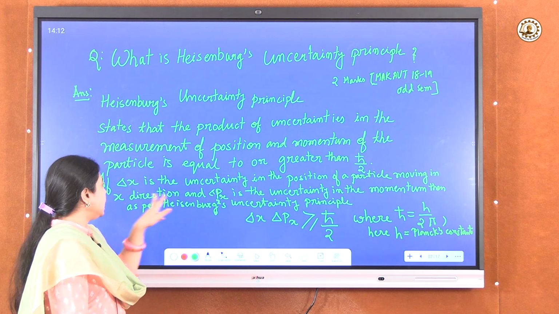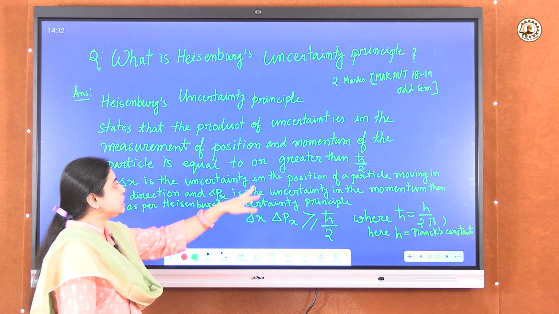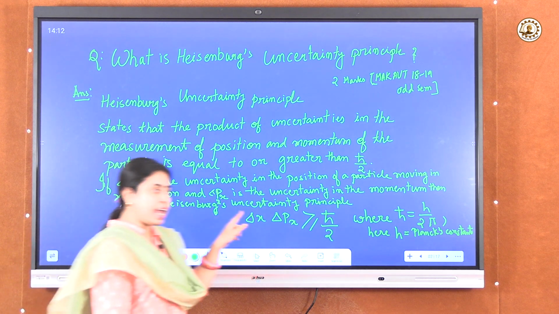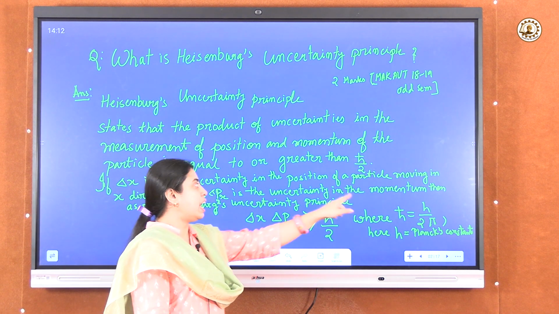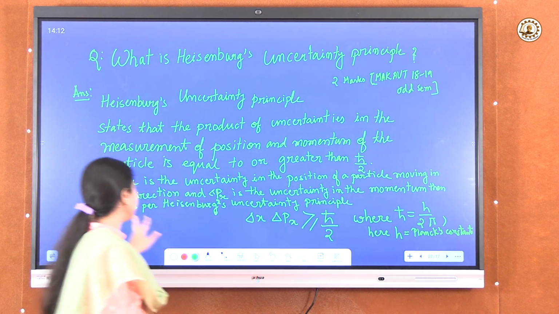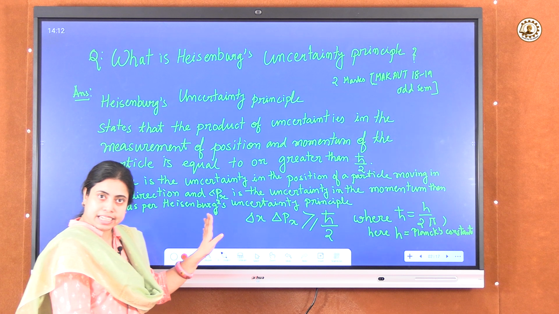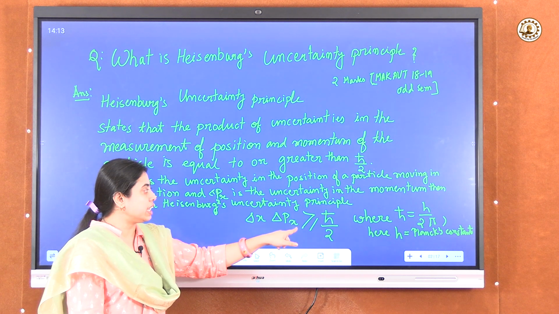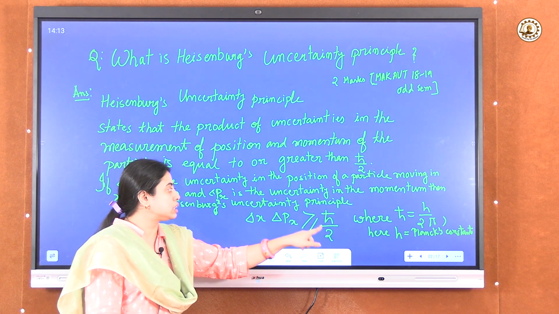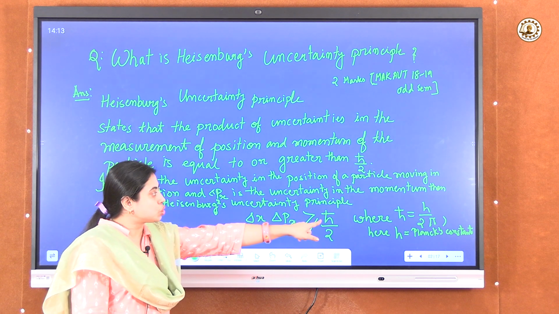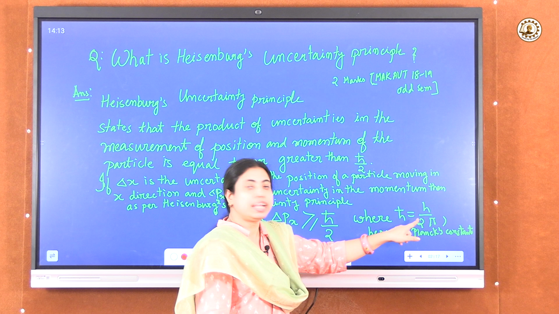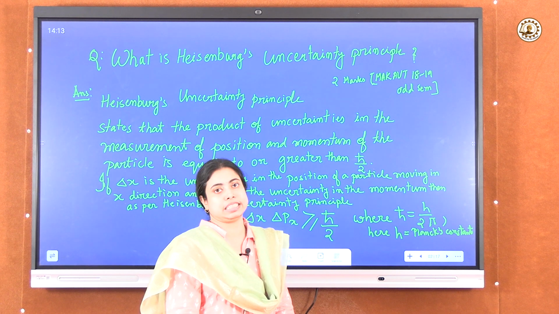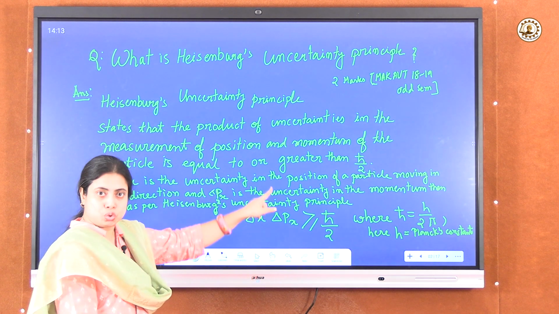Means if delta x is the uncertainty in the position of a particle moving in x direction and delta px is the uncertainty in the momentum of a particle moving in the x direction, then del x del px should be greater than or equal to h cross by 2, where h cross is h by 2 pi and h is Planck's constant. So this is a question of 2 marks.